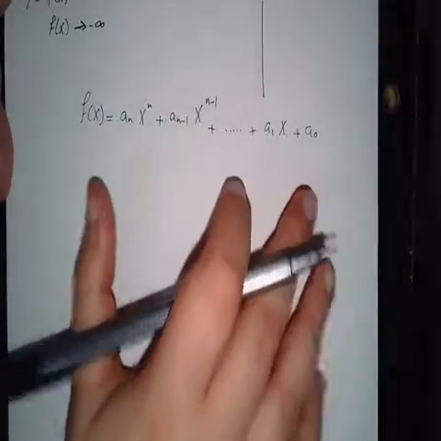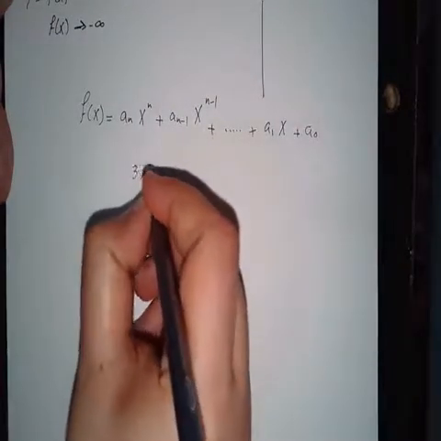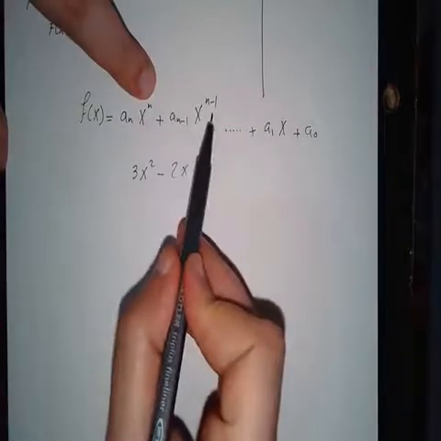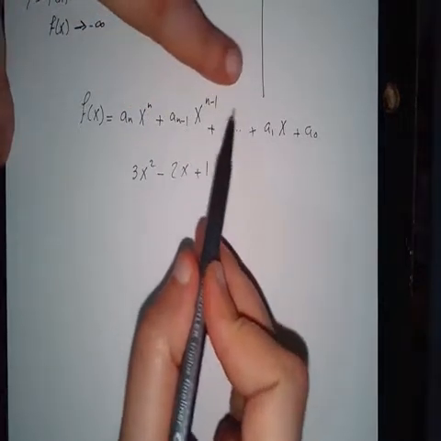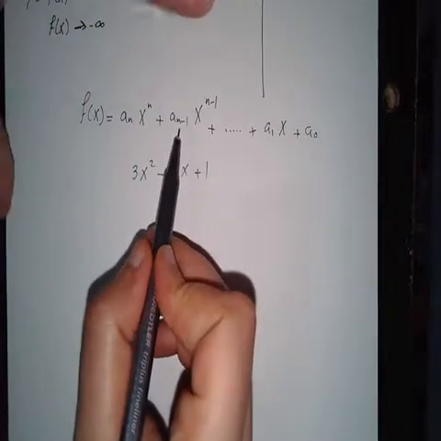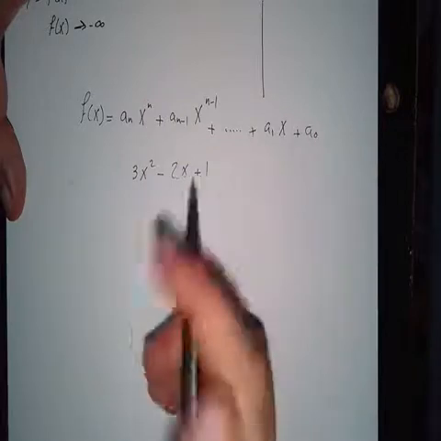Again, we looked at this before, and if you compare it to any normal polynomial, like 3x squared minus 2x plus 1, you can see that the power, which is what these indicate, reduces by 1 as you go on, and it is multiplied by a coefficient that could sometimes be positive, could sometimes be negative, and it could be 0. And if it's 0, it's going to disappear.